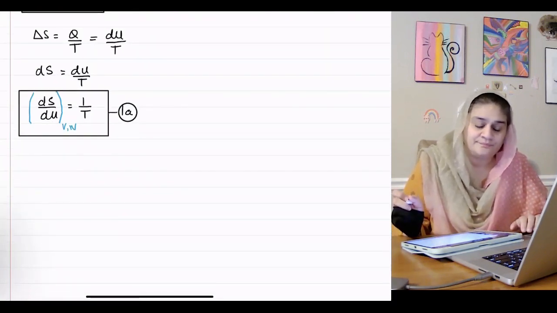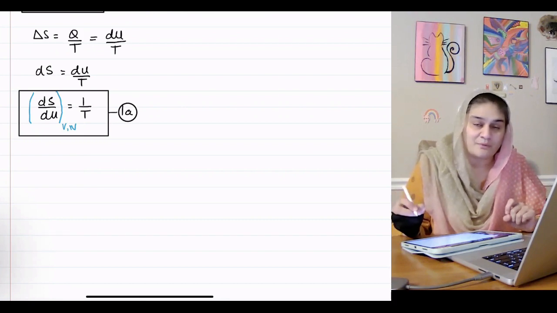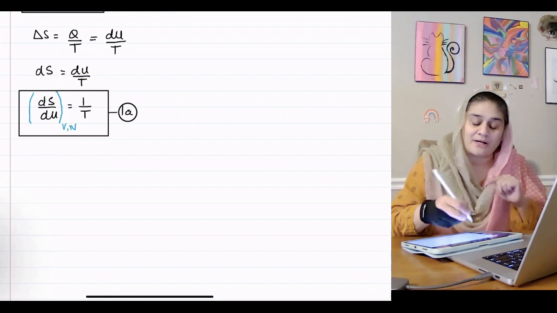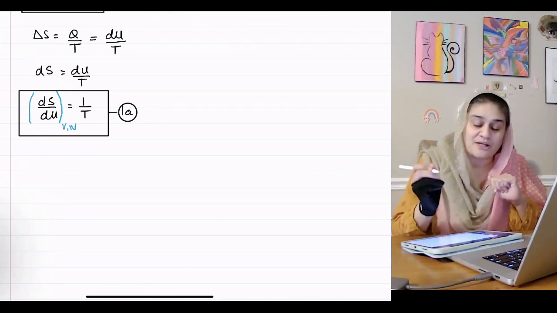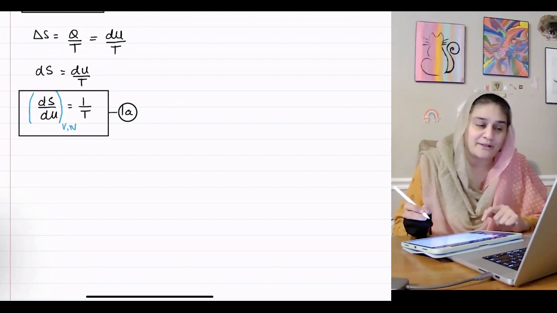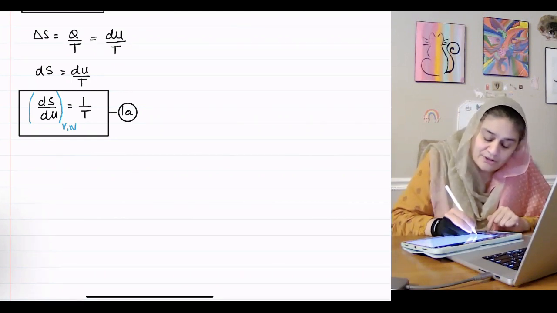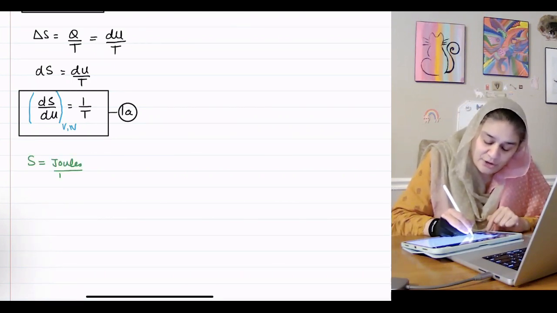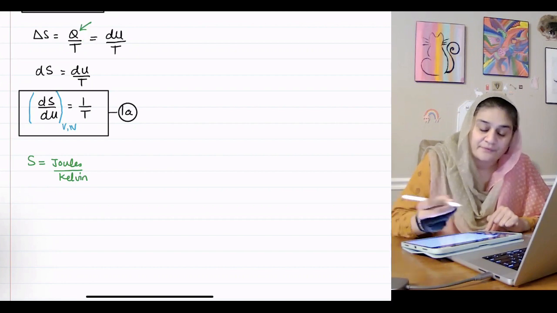We're going to be using these equations quite a bit, so pay attention. Also, I want to talk about one other thing before we move on. You can do this without actually deriving anything, and by just using dimensions. So what do I know? I know the units of S are joules per Kelvin. Agreed?